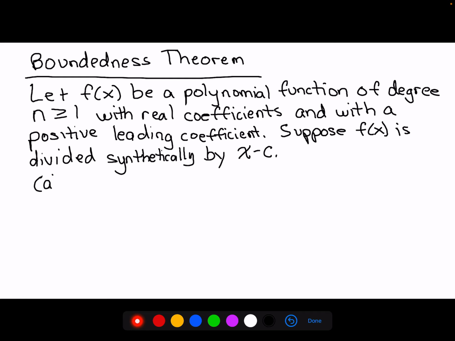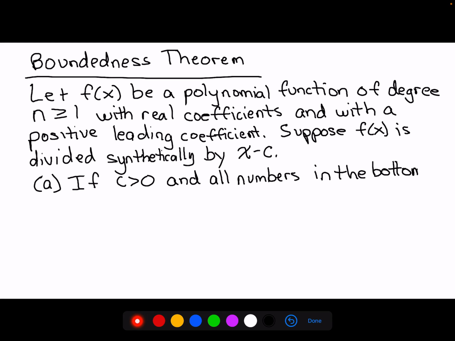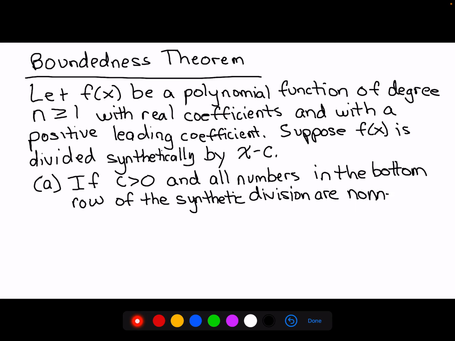All right, A. If c is greater than 0, so positive, and all numbers in the bottom row, in other words, the coefficients and the remainder of the synthetic division are non-negative, see, non-negative just means it can be 0 or positive.